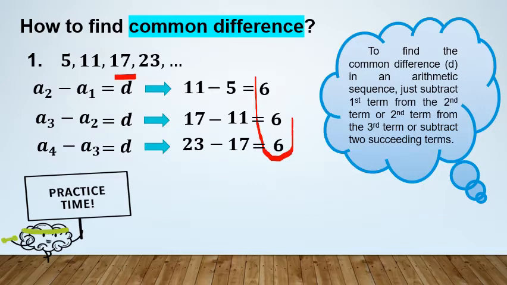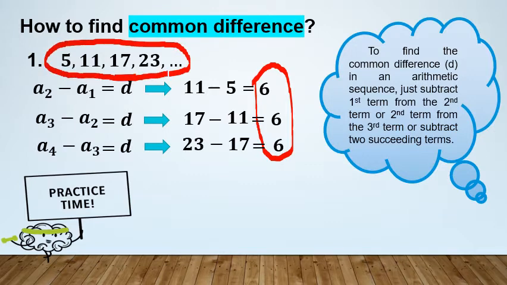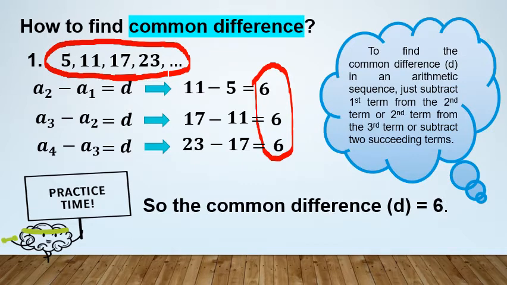Since pare-pareho ang result, yan ngayon ang tinatawag na common difference. And ang ibig sabihin kapag may common difference ang pattern, yan ay arithmetic sequence. Okay, the common difference is 6.